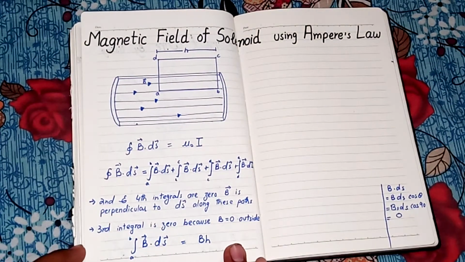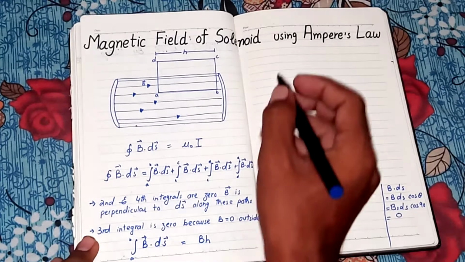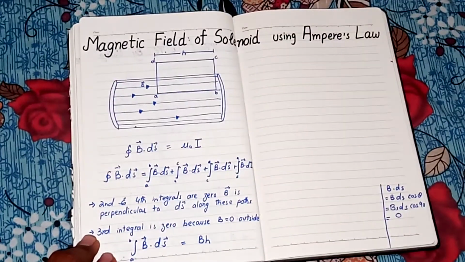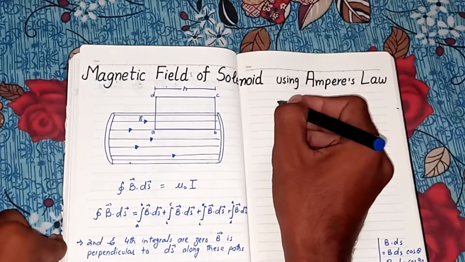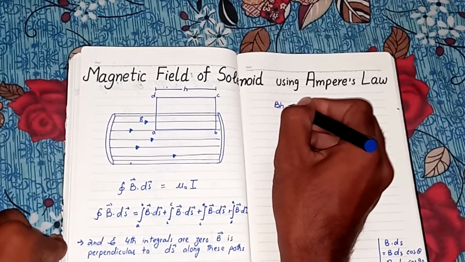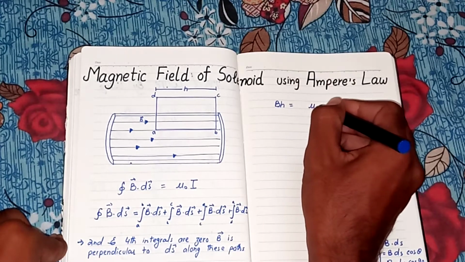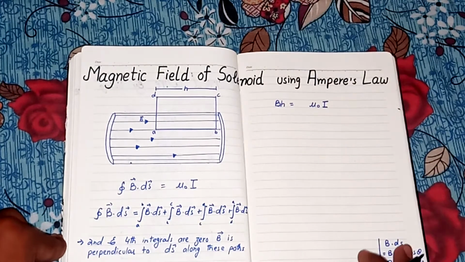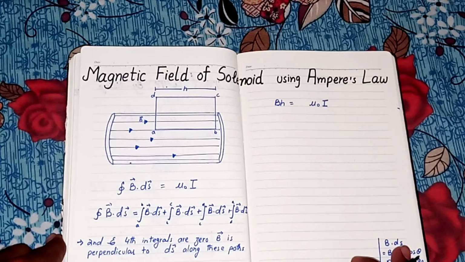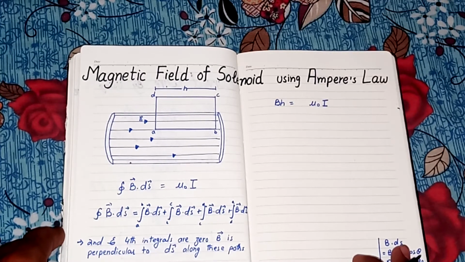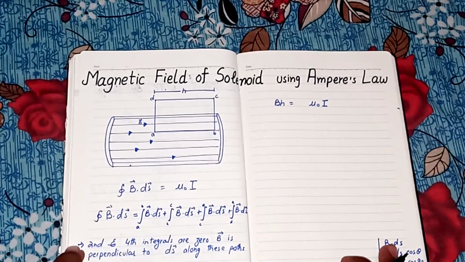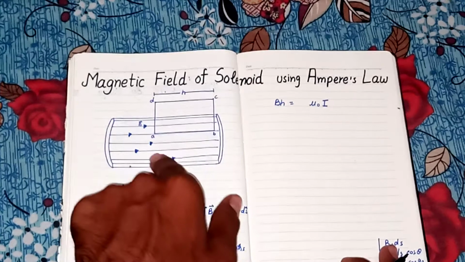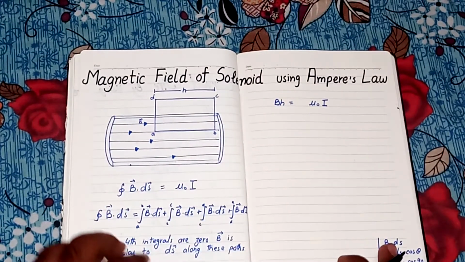Now we will put Bh in Ampere's law. Then Ampere's law becomes Bh equals mu naught I. Now suppose n is the number of turns in the length h, then the total current through the rectangle is nI.